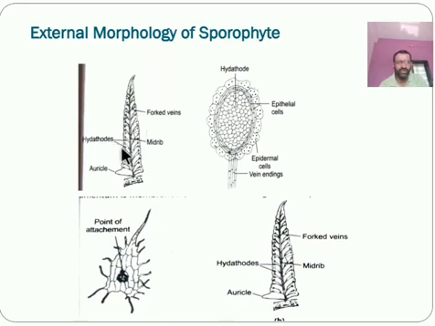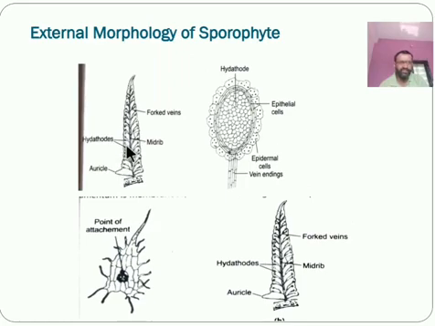hydathodes. On these veins, a small rounded dot is present, and that rounded dot is known as the hydathode. Let us see the structure of the hydathode.